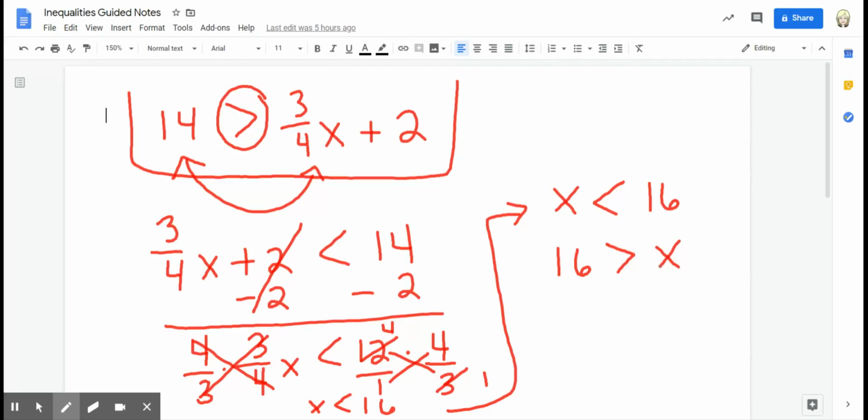Okay, let's go ahead and do one more where we are flipping the inequality with this negative rule. So I just want to make sure you all understand this.